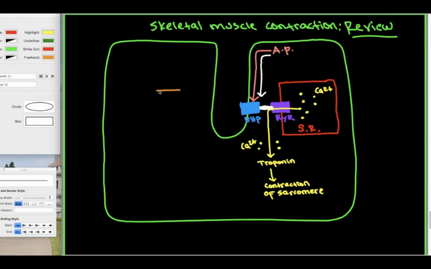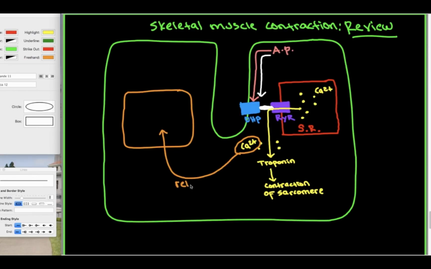And we said that in skeletal muscle, to generate relaxation, when we don't have action potentials anymore and we want to relax, we need to get that calcium back into the sarcoplasmic reticulum. We can do that by using a primary active transporter known as calcium ATPase.